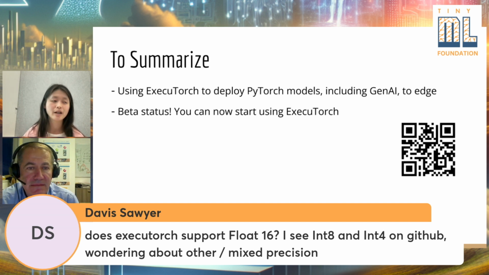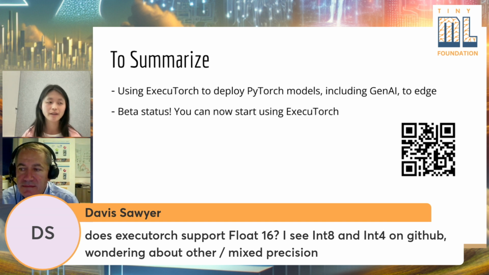We are bringing up a list of lower bit kernels, including 2-bit, 3-bit, all the way to 6-bit or 7. I think it's up to 6-bit. I'm not sure about 7-bit, but we support a list of lower bit kernels, and they can be used. And for mixed precision, that's part of our quantization framework.